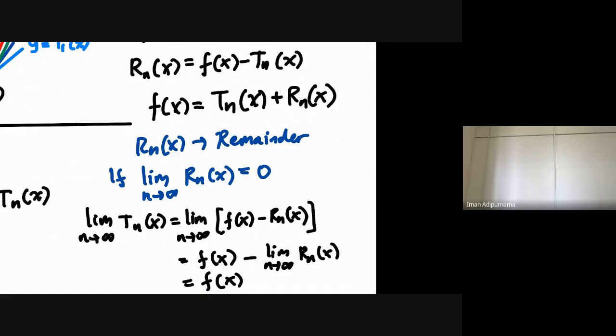Okay, so if the limit of the remainder we can prove to be 0, then the limit of the partial sum will be equal to f(x). This is just a reverse of what we did on the left, but in terms of the remainder. Yes, this is the proof of the left one.